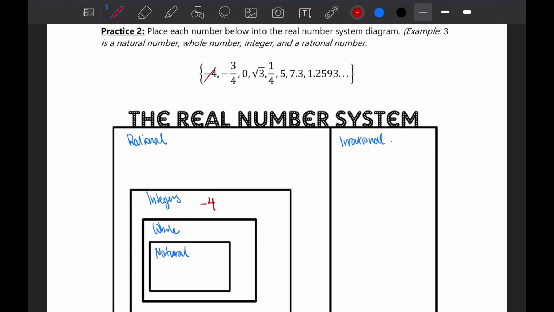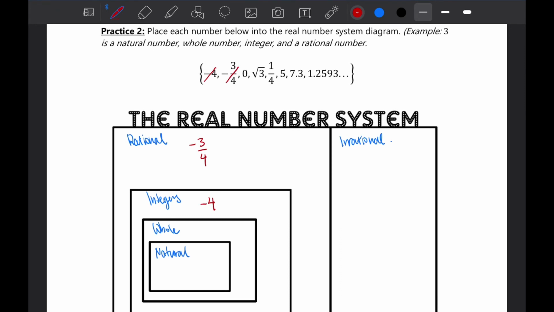So that's done. -3/4 is a negative fraction. Integers don't include a fraction, so then it has to be rational. -3/4 is a rational number.